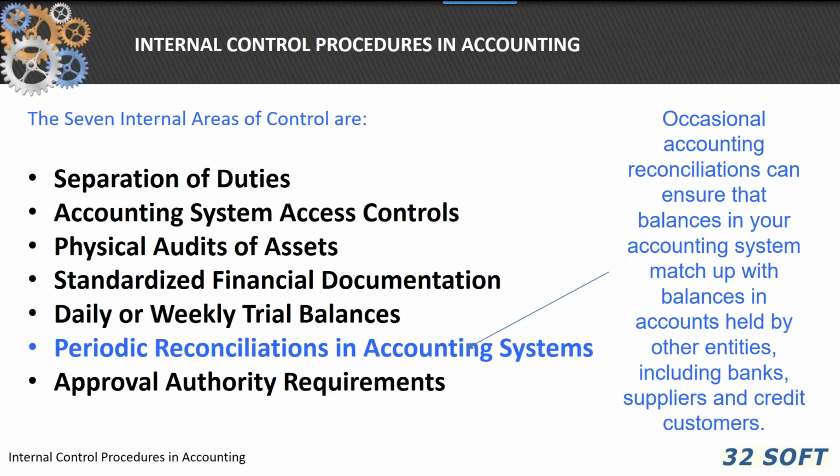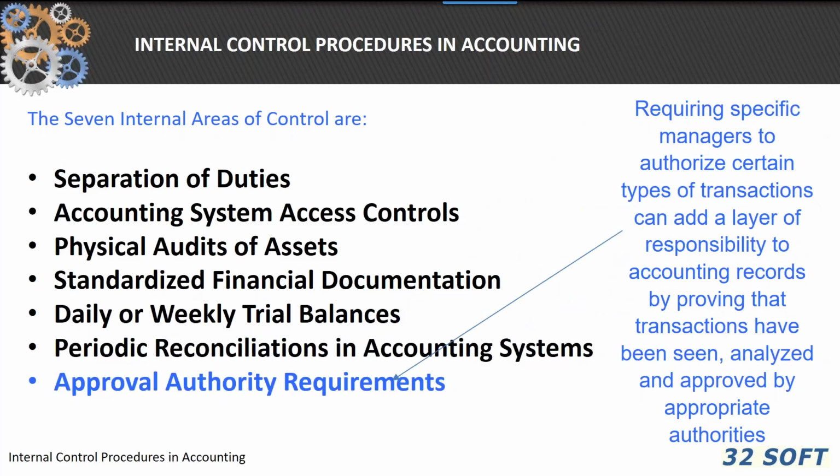There are periodic reconciliations of accounting systems that are required, and then finally approval or authority requirements, so that managers are signing off on requisitions. For example, 32Soft has a PO requisition system. Global Requisitions in QAD has an approval matrix that is possible.